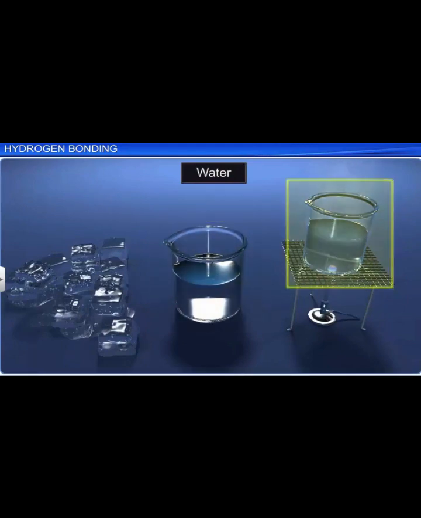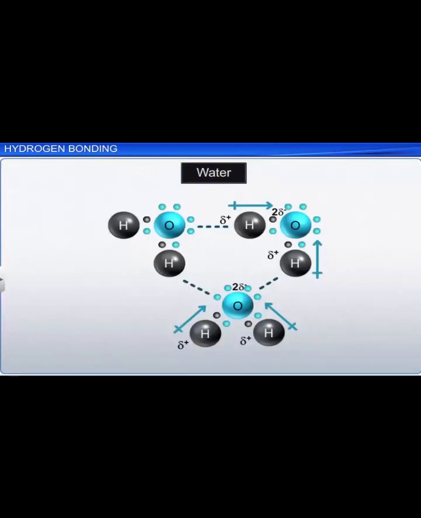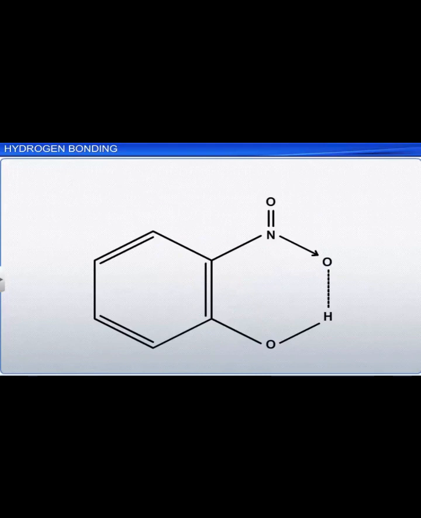The hydrogen bond present in water is said to be an intermolecular bond, which means that the hydrogen bond is formed between 2 different molecules of the same or different compounds. However, in certain compounds like ortho-nitrophenol, a hydrogen bond is formed between the hydrogen atom of the hydroxyl group and the highly electronegative atom, that is oxygen of the nitro group, present within the same molecule.